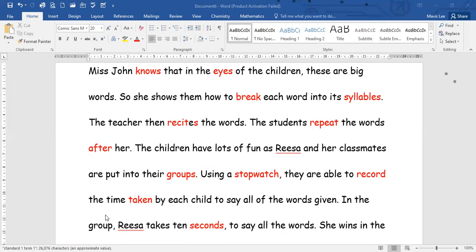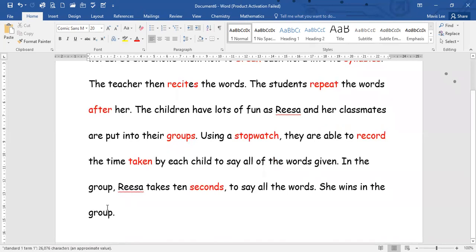The children have lots of fun as Risa and her classmates are put into their groups. Using a stopwatch, they are able to record the time taken by each child to say all of the words given. In the group, Risa takes 10 seconds to say all the words. She wins in the group. Well done, children.